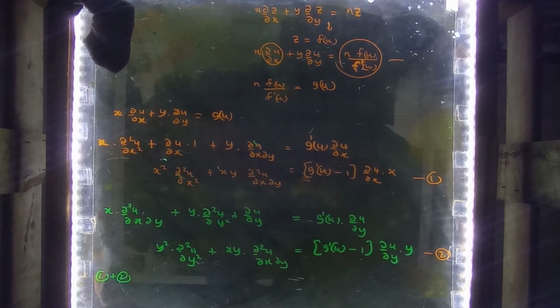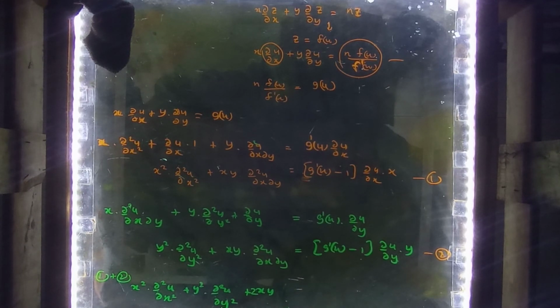After factorizing all the relevant elements, we have x squared partial squared u with respect to x squared plus y squared partial squared u with respect to y squared, and we may take out x times y as a factor. So it becomes 2xy, because these two elements are equal to each other.